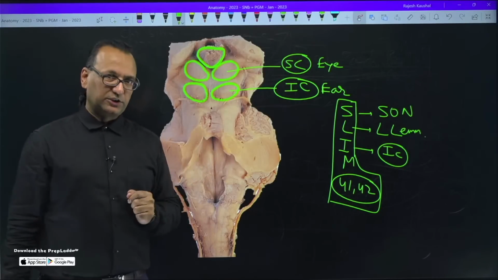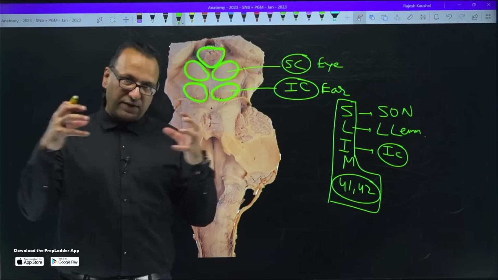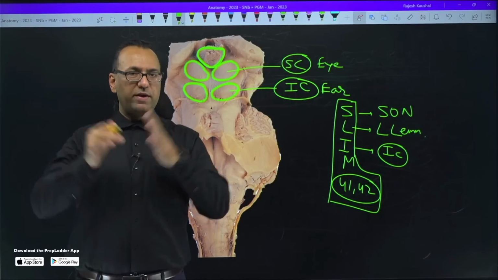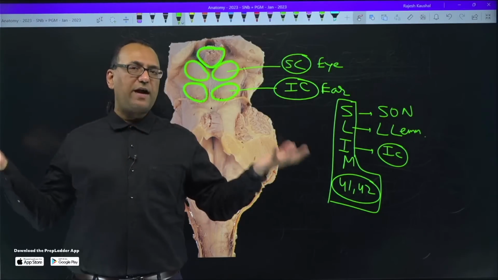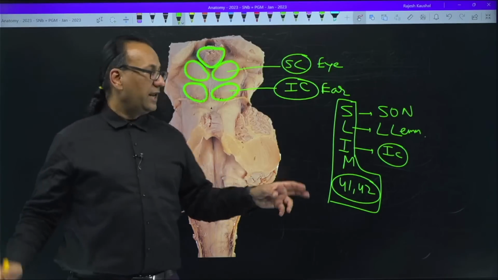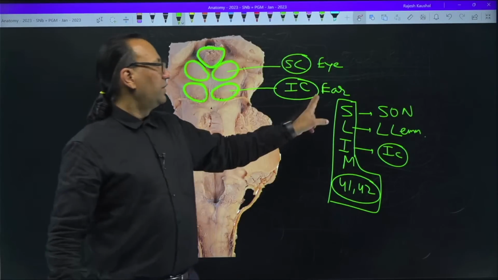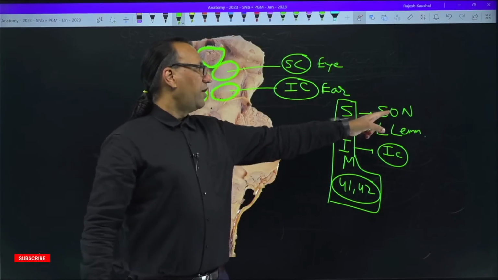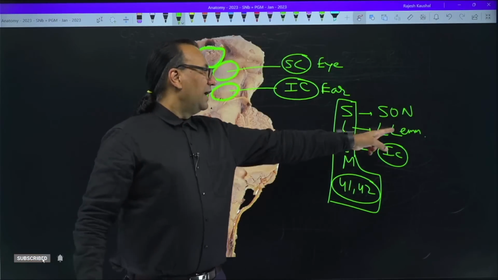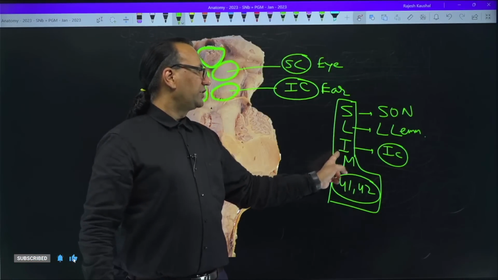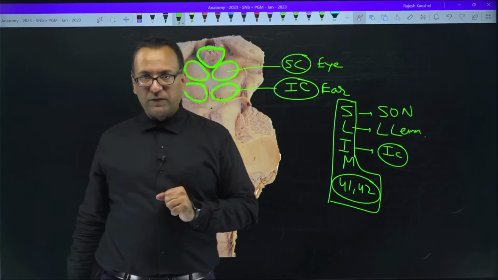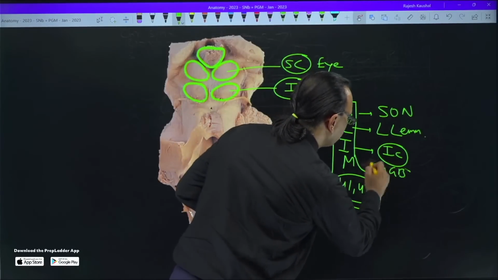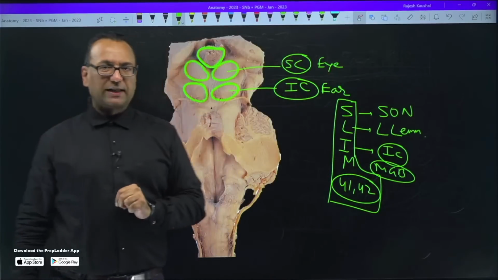What is a lemniscus? Lemniscus is a bundle of axons carrying some information. If running laterally or medially, there can be medial lemniscus, there can be lateral lemniscus. So this is lateral lemniscus. So if the auditory pathway is SLIM 41, 42, S is superior olivary nucleus in the brainstem, L is lateral lemniscus, I is inferior colliculus. What is M for? M is the medial geniculate body, which is metathalamus.